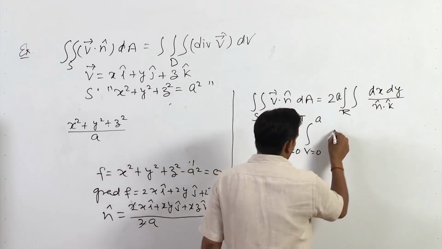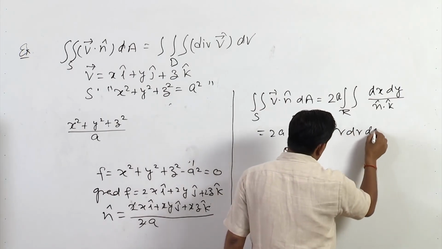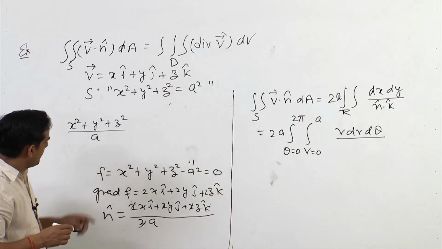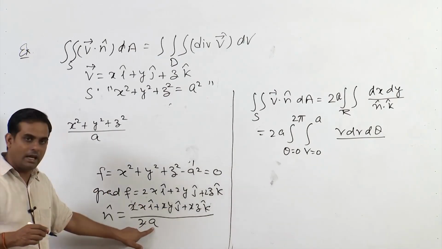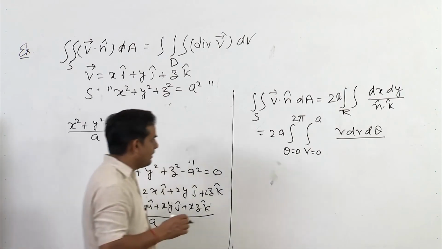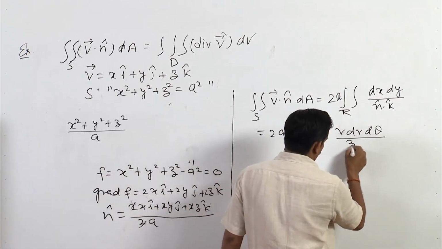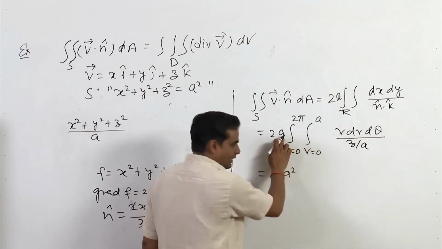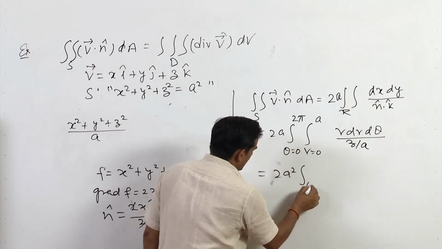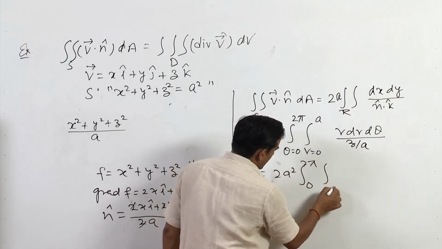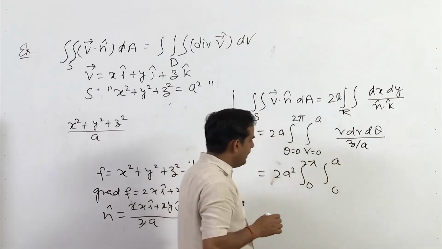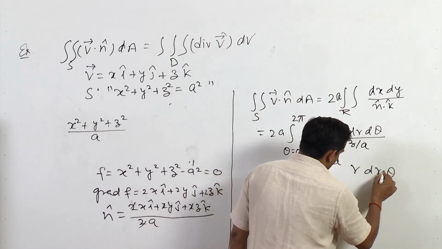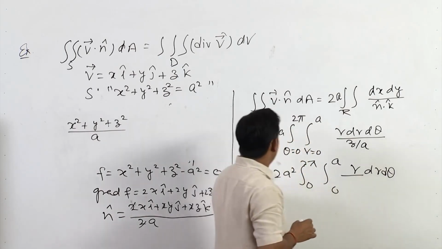dx dy will become r dr d theta, and n dot k will become z upon a. So twice a square, this I will take here, theta 0 to 2 pi, r 0 to a, r dr d theta upon z.